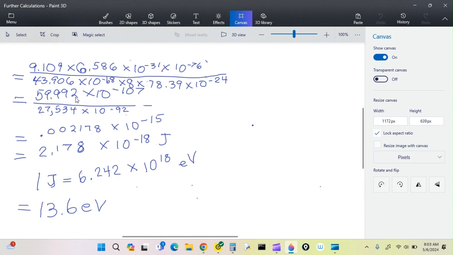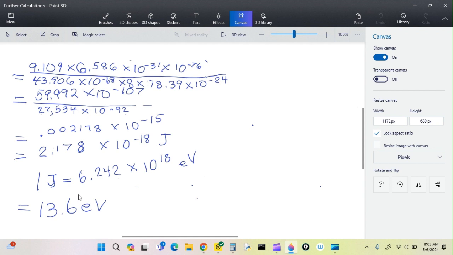And then these numbers, you take 59.992 and divide by 27,534. You get 0.002178. And finally, what I'm doing here is moving this decimal point over, which is going to change this exponent by 3. So I get 2.178 times 10 to the minus 18 joules.